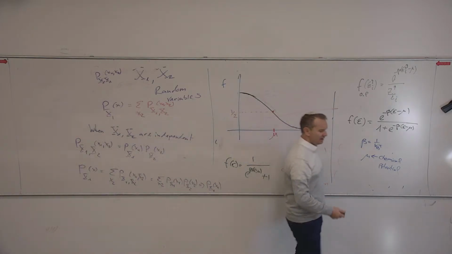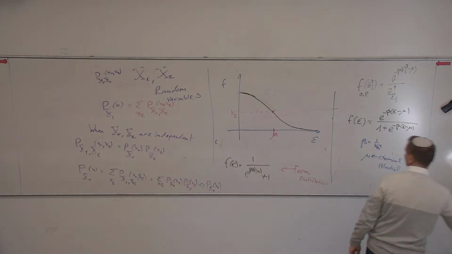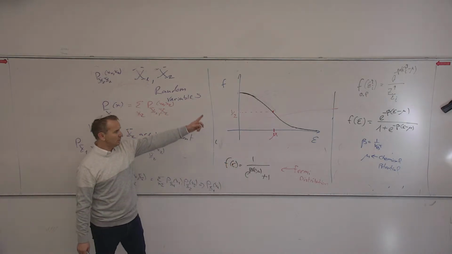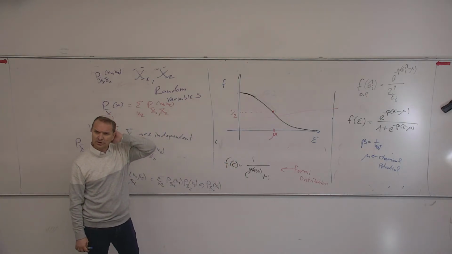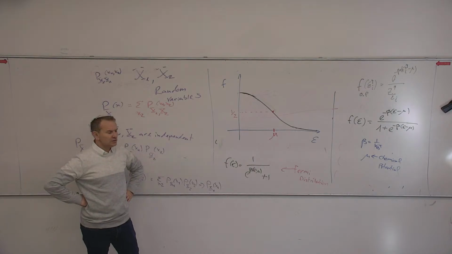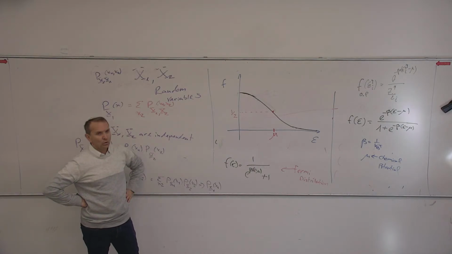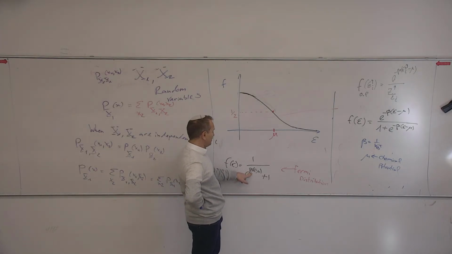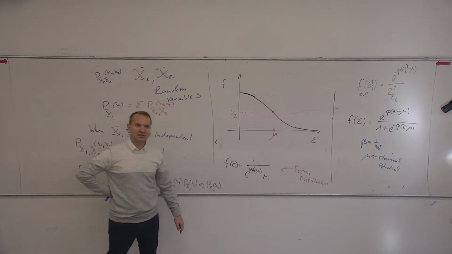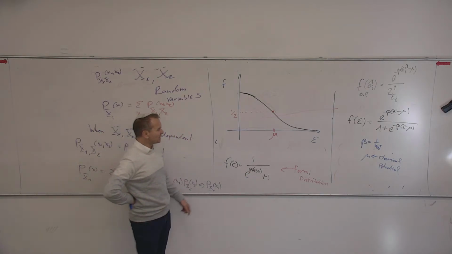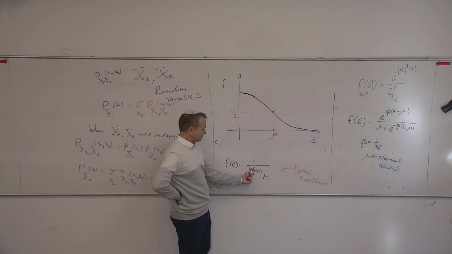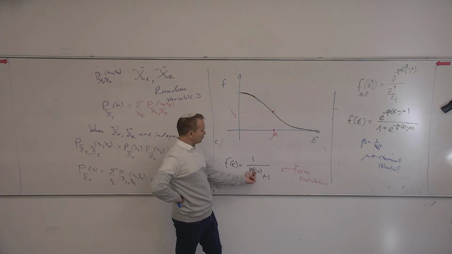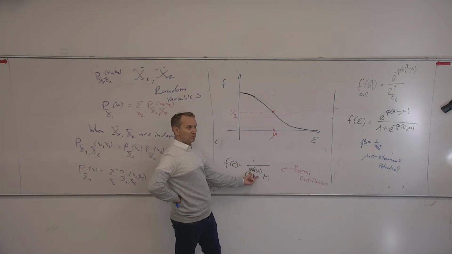Now, how is this modified when we change T? This is a plot for a very specific temperature, but this temperature can be high or low. Now what happens when beta is very high?